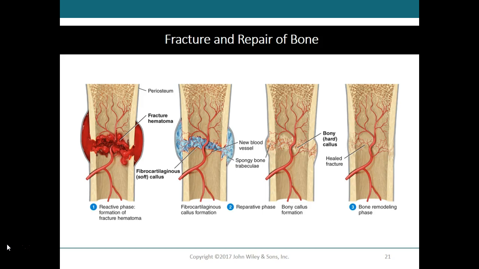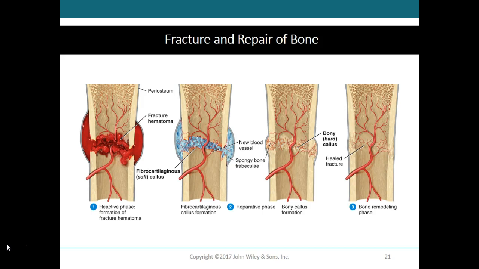In an open reduction, the fractured ends of the bones have to be brought back into alignment by a surgical procedure. This uses an internal fixation, and sometimes screws and plates and rods and wires have to be inserted into the bony tissue to hold the broken pieces of the bone together.